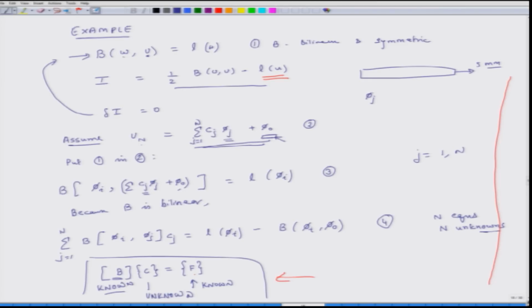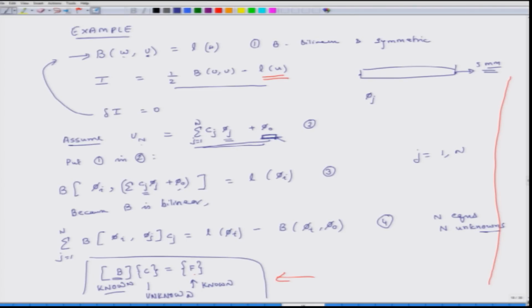All the phi j values will be 0 at this end and this end, that is how we are picking them. But at the end there is some displacement which is 5 millimeters. That is handled through the introduction of phi naught.